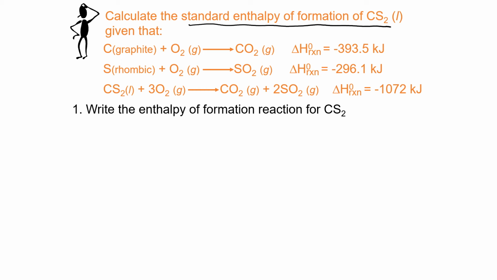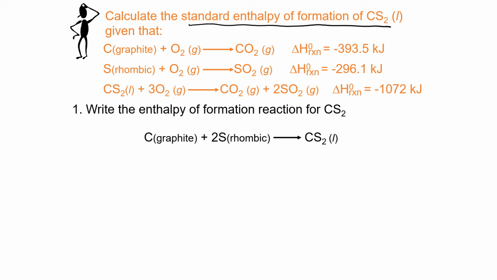Those are the two elements that have to react in order to form CS2. So those thermochemical equations are in the correct orientation because we want both those elements on the reactant side. But what do we want on the product side?